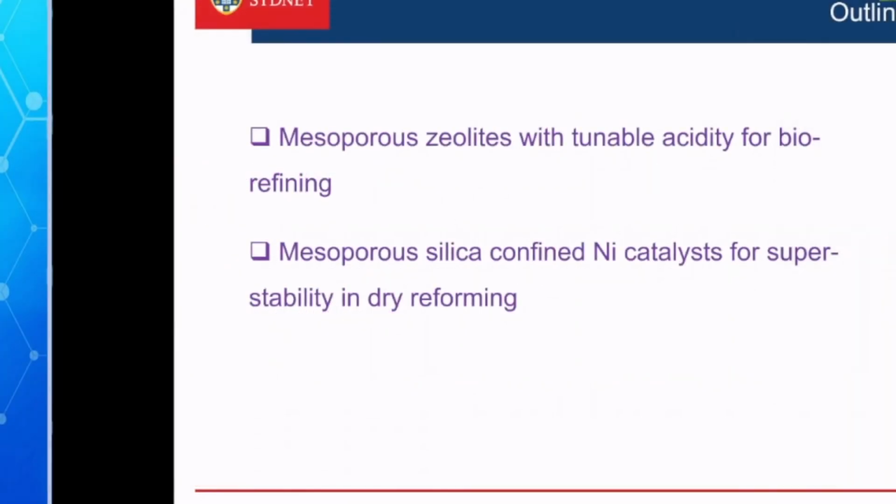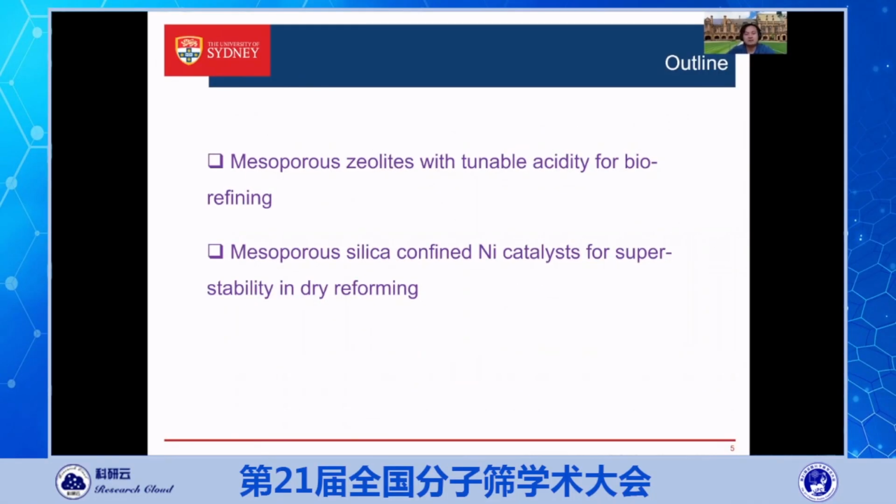As we know, the majority of microporous zeolites face a challenge with big compounds, normally coming from biomass-derived compounds. So if we are able to improve their structure and porosity for the catalytic reaction, we are able to improve the efficiency in biorefining.